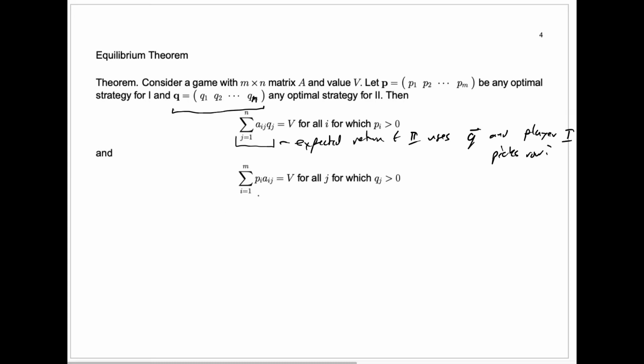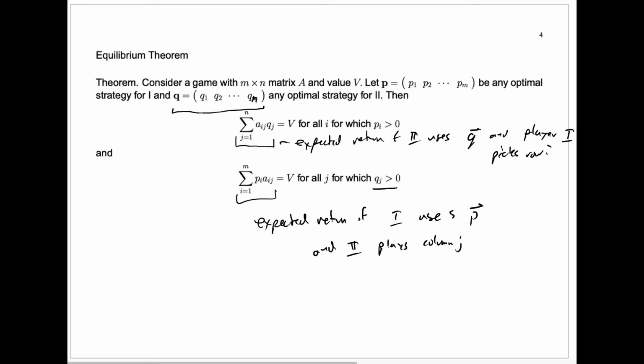And the similar statement the other way around says that this quantity, which is the expected return if player 1 uses the optimal strategy P and player 2 plays column J, will be exactly the value of the game, not necessarily for every choice of J, but at least for those choices of column J which have Q sub J greater than 0, meaning for all columns which appear in an optimal strategy for player 2 with some positive probability.